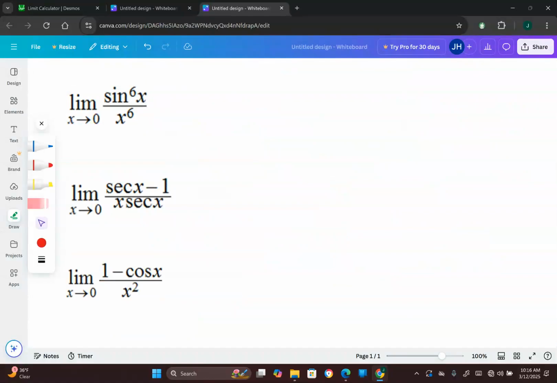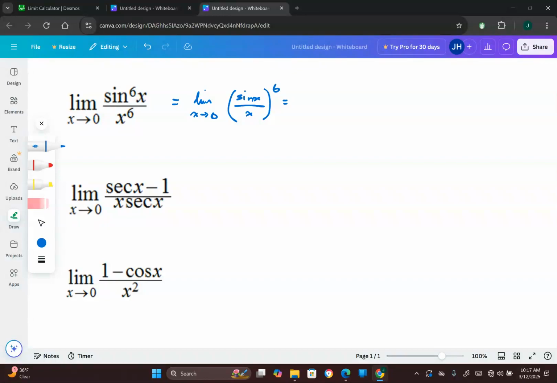We've got sine of x to the 6th over x to the 6th. Now this one's actually pretty simple to figure out. This is the limit as x approaches 0, and I see that formula, sine of x over x. But the top is raised to the 6th, the bottom is raised to the 6th, so the whole thing is raised to the 6th.